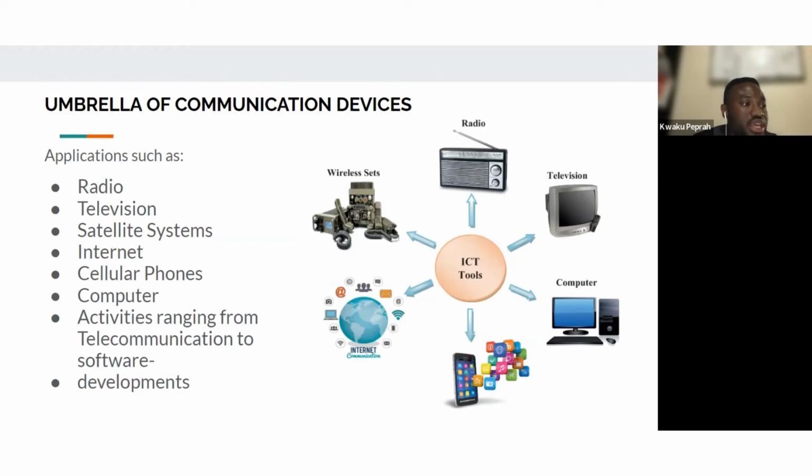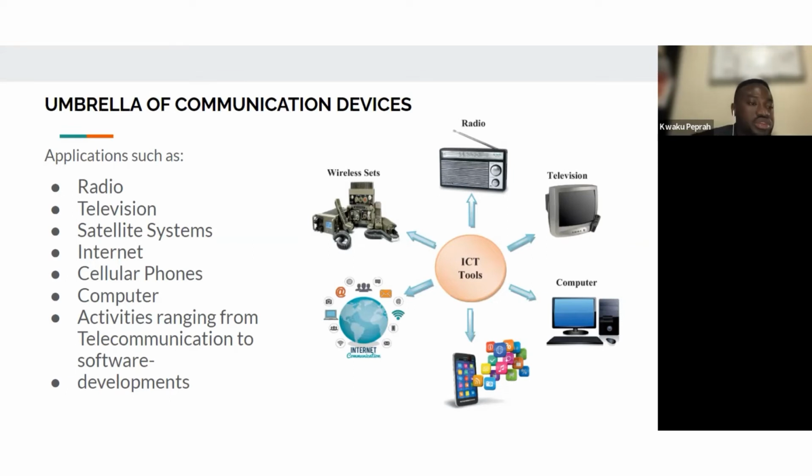We have applications such as radio, television, satellite system, internet, cellular phones, computer, activity ranging from telecommunication to software and developments. So these are all medias of communication and devices and systems that we can use in communicating and to make life a lot easier.